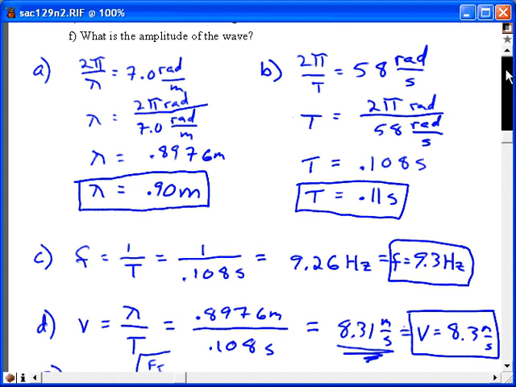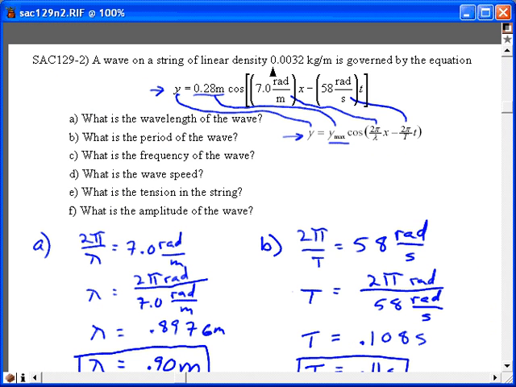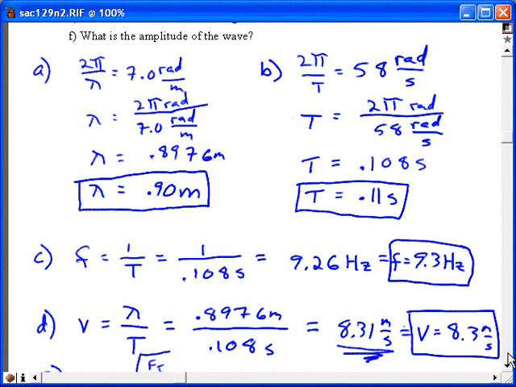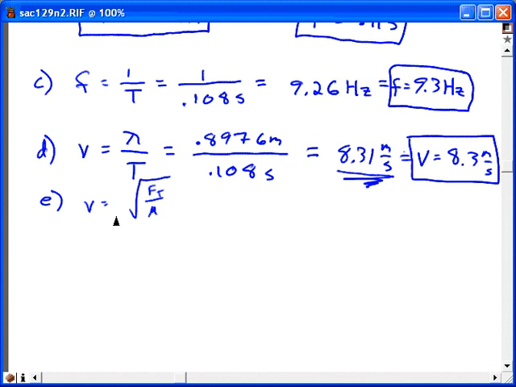I'm going to need mu, the linear mass density, and that's given in the problem. The string has a linear mass density of 0.0032 kilograms per meter. So every meter of that string would have a mass of 0.0032 kilograms. So mu and v are known.